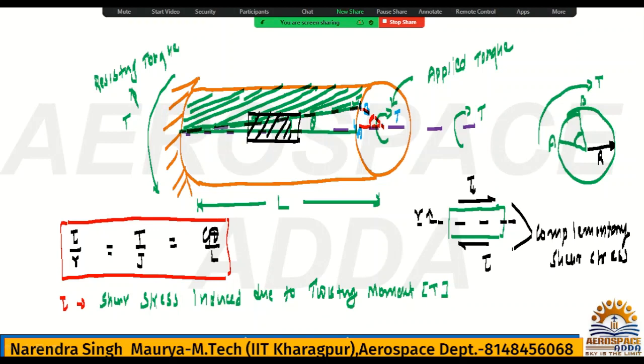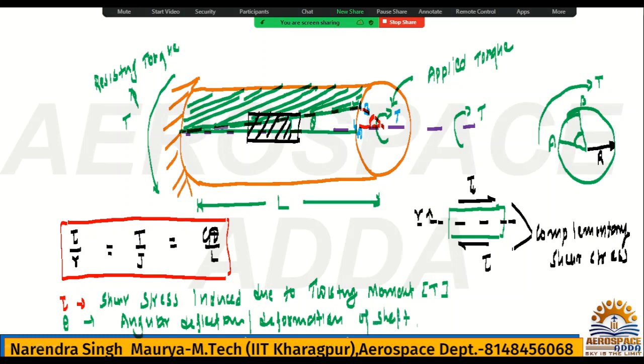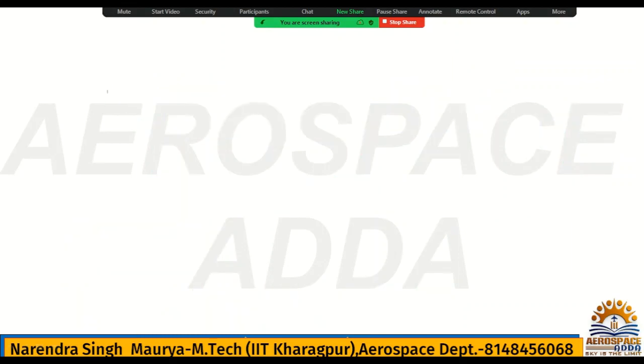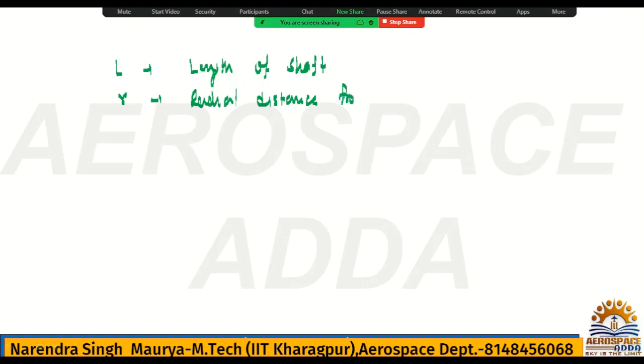Okay, what is theta? Theta is the angular deflection, or sometimes called deformation, of the shaft. Now the third point, which is nothing but L. L is the length of the shaft, and small r is the radial distance from the center.